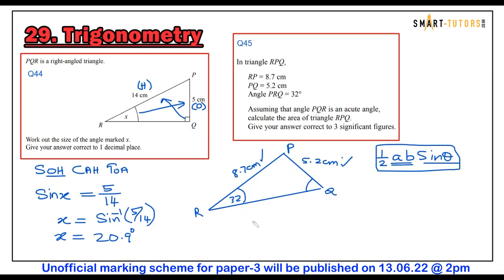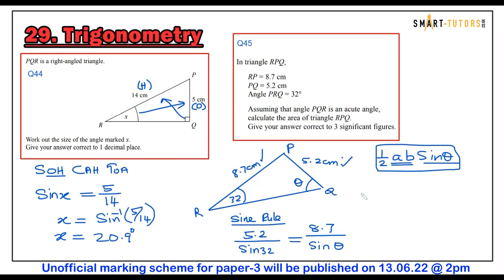So let's do this one quickly, using the sine rule. So using sine rule, 5.2 divided by sine 32 equals 8.7 divided by sine of theta. So I'm just making this an acute angle.